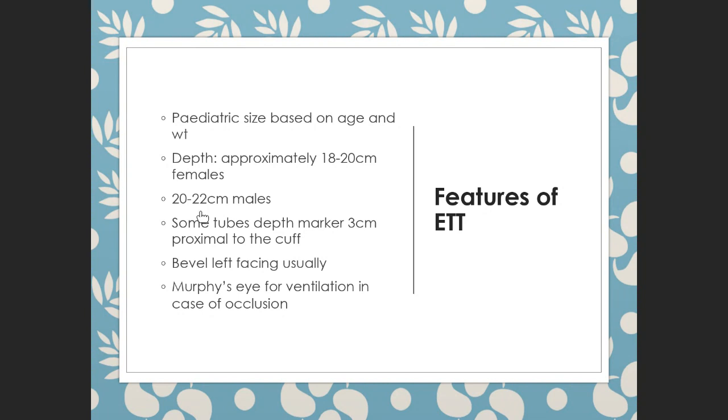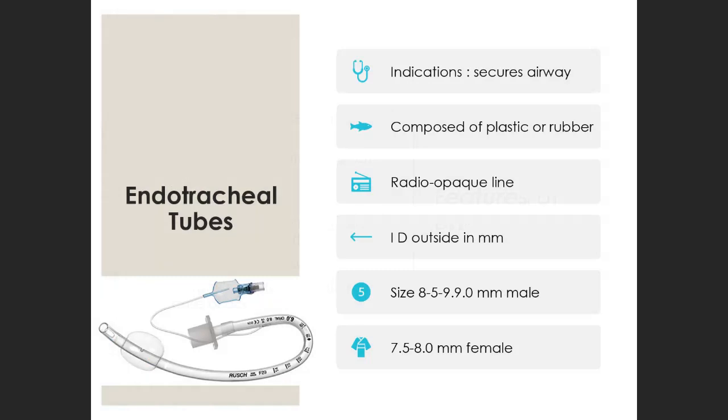They would go up to that if they have long necks. And then there is sometimes a depth marker on the tip of the tube, which I'm hoping to show you. There's a bevel, which is the slanting. See that tube? The end of it is slanted. It's not flat on. It tends to be left facing.